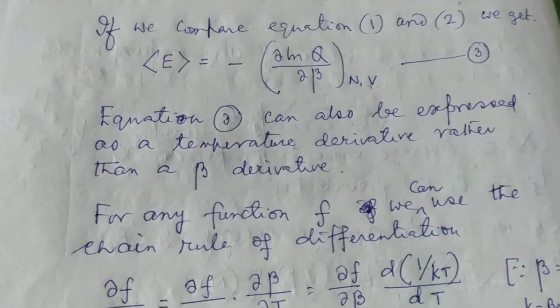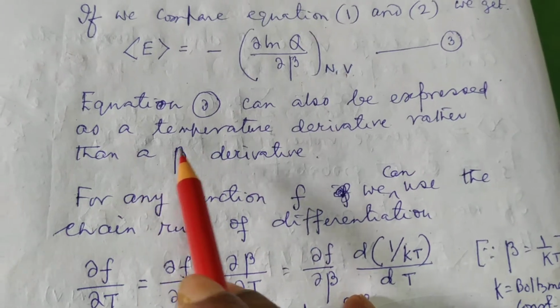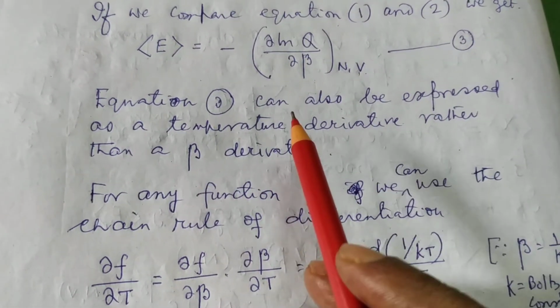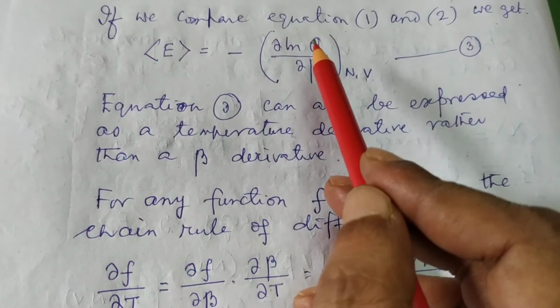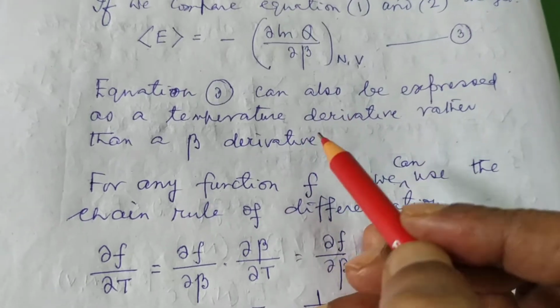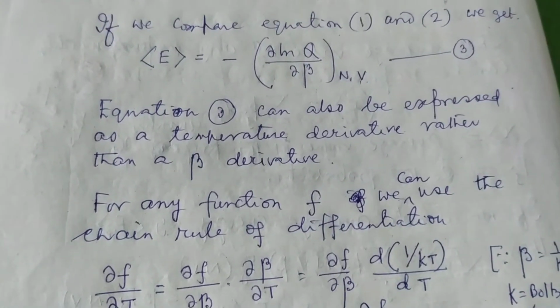This equation 3 can also be expressed as a temperature derivative rather than a beta derivative. How can this be done?